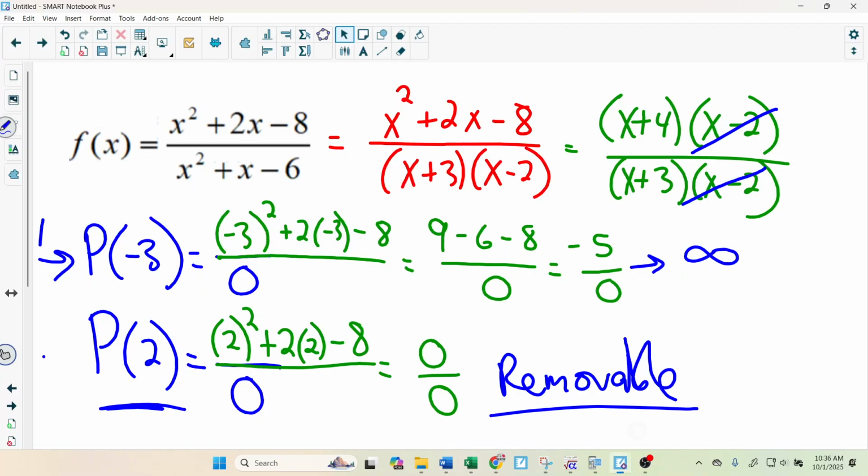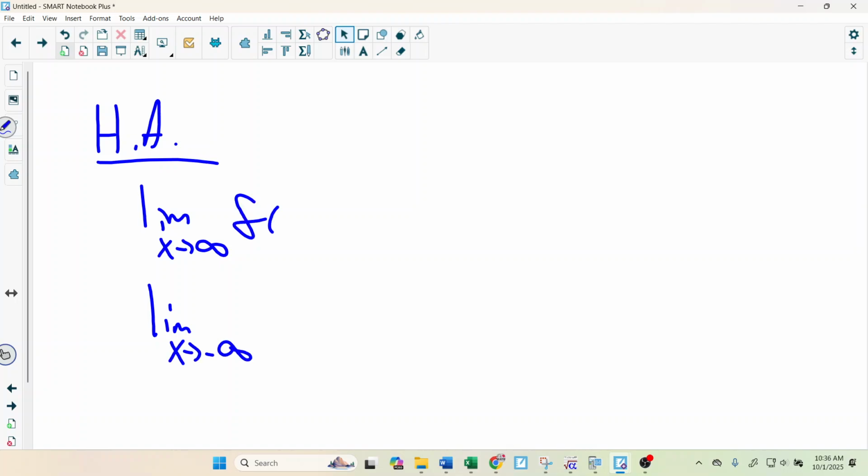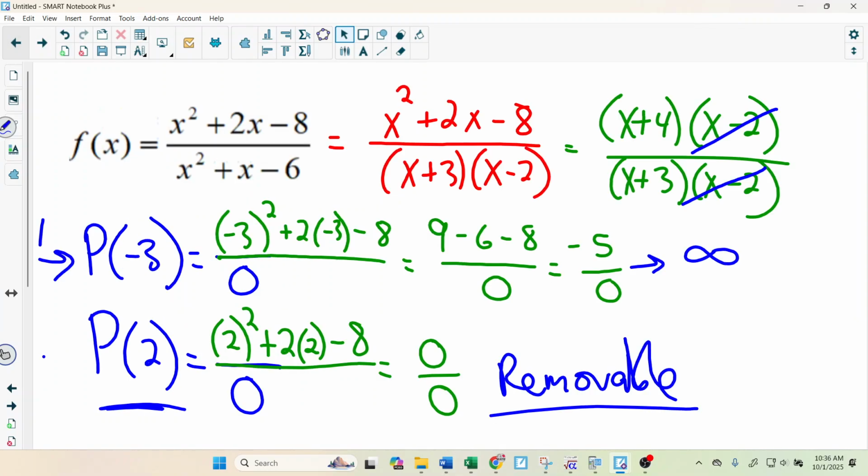If we wanted to find our horizontal asymptotes, we would take the limit as x goes to infinity and negative infinity, and like you said, those are equal to 1, because you just end up with x squared over x squared, which is just 1. Okay?